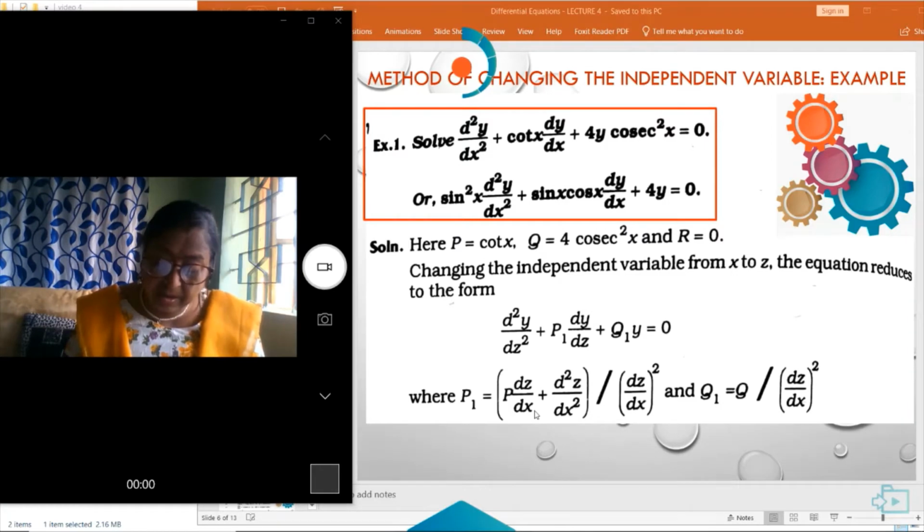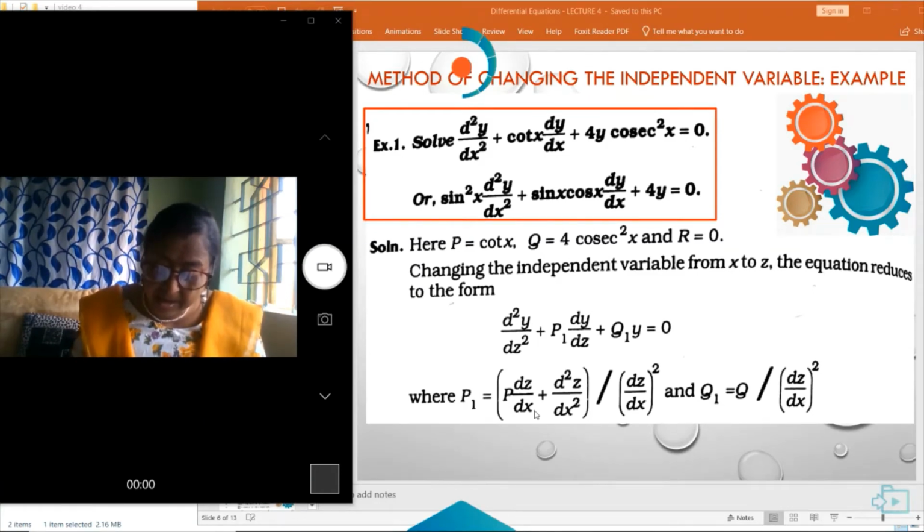Now the transformed equation can be written as d2y by dz square plus p1 dy by dz plus q1 into y is equal to 0, where p1 and q1 are given.